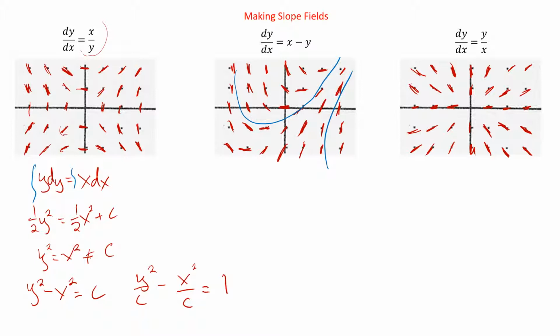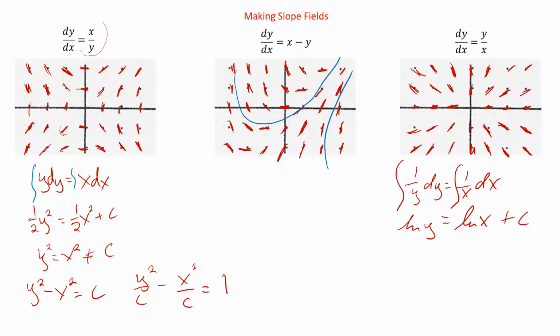So what would give us this kind of graph? Well, let's solve this one. It's separable. We can divide by y, multiply by dx. So we'd end up with 1 over y dy equals 1 over x dx. Antiderivatives means we'll have natural log y equals natural log x plus c.